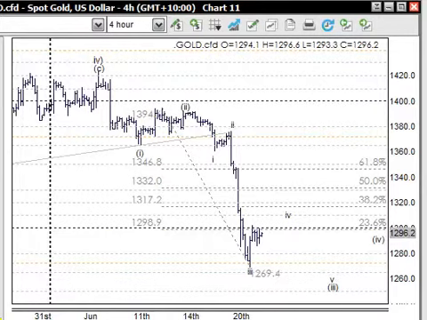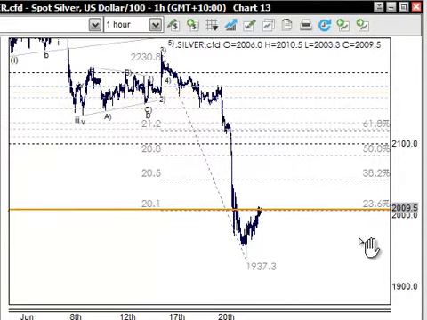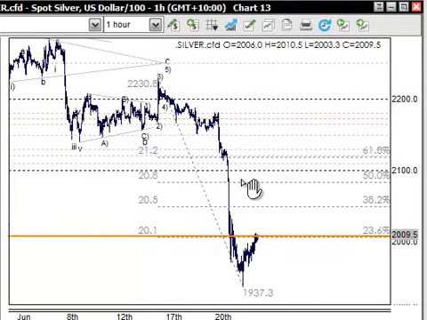And that's the same with silver. Silver's just doing a retest of the major trading level here, trading level 2, the $20. So this is a strong third wave. It's very obvious, and it's got its little 5 waves in here. So we'll be seeing a rally back through here. It can pull back to the 38.2 retracement level from that point to that point, which would be the 2050 here.